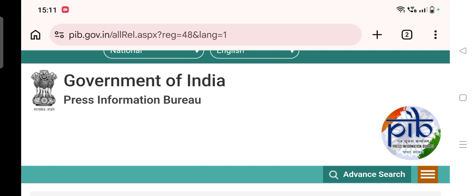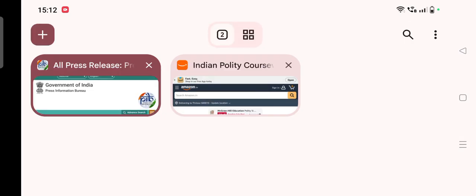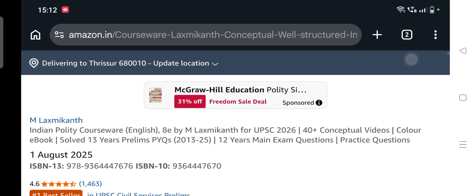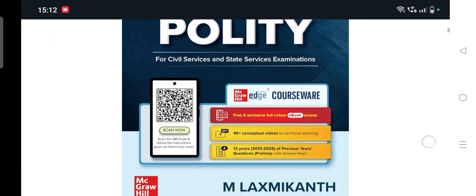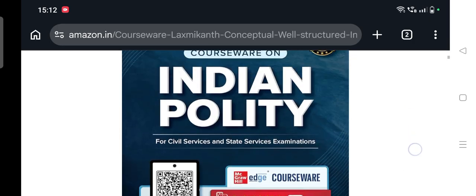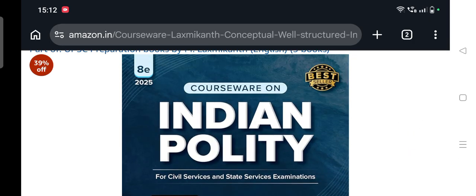Now, let me show you the second important material that I used, especially for polity and constitutional related questions. The book is nothing but Indian Polity by Lakshmikant, the latest edition. This is the latest edition as of now. And from this book alone, not only this year but every year, around 20 to 25 questions, that is very important, were asked from this book alone.